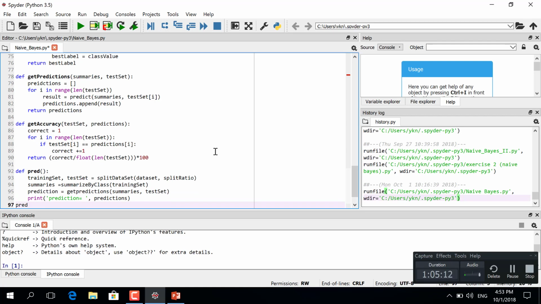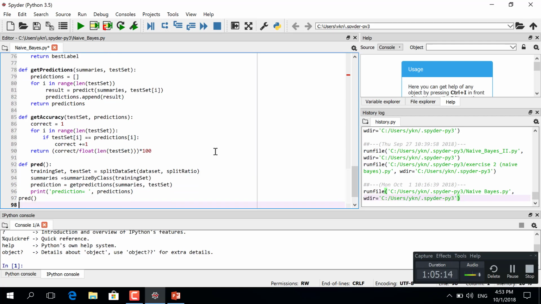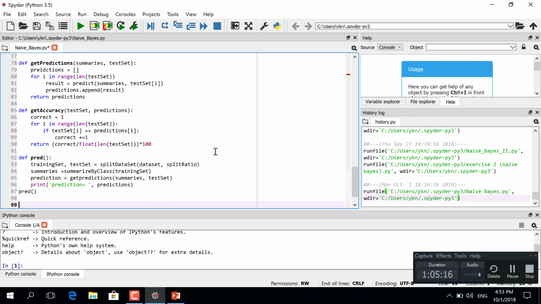And we can run this by making a call for this function, ending it by typing pred with the parentheses.